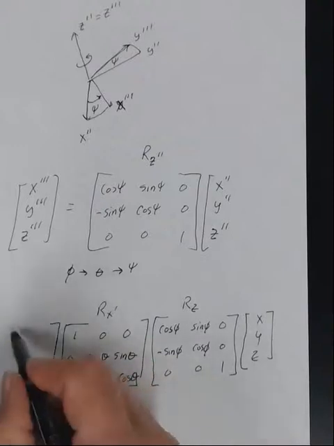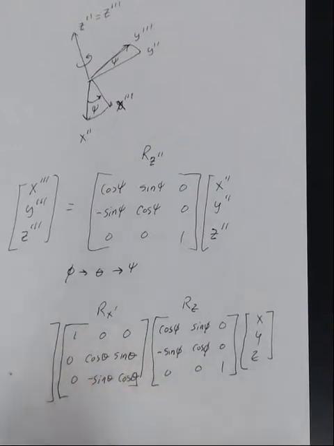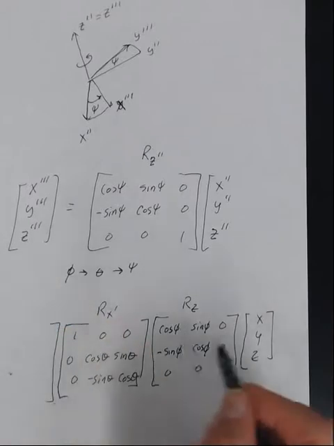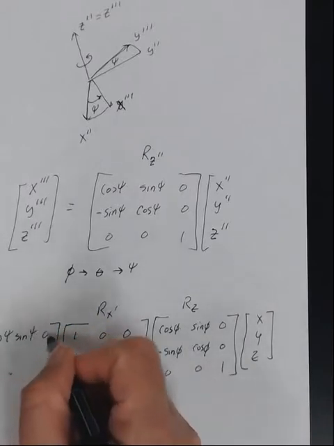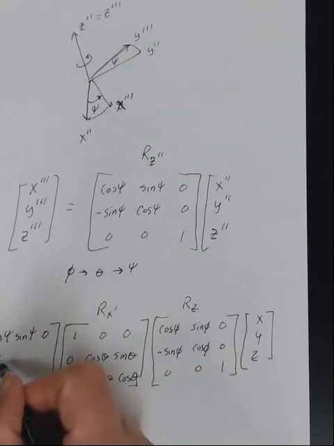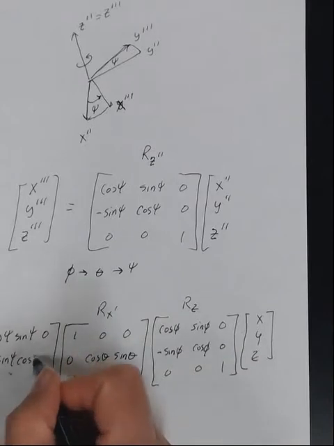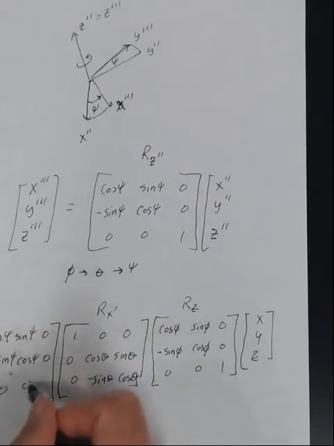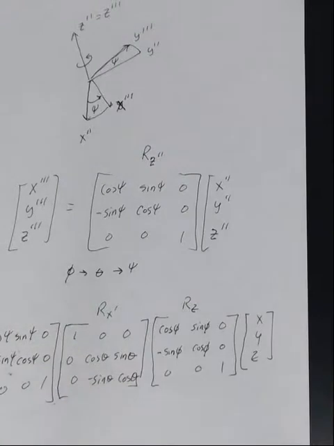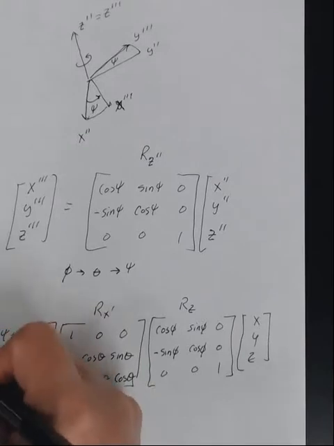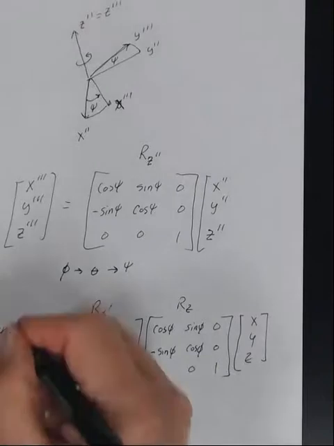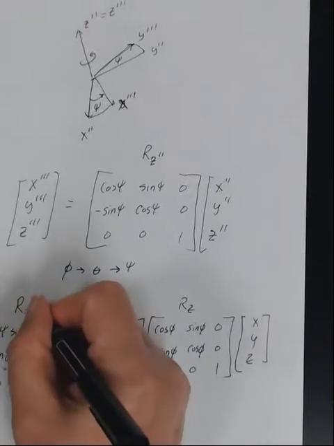And then the last step is this, and that's just cosine psi, sine psi, 0, negative sine psi, cosine psi, 0, and 0, 0, 1. So that's how you perform a rotation of a coordinate system using these Euler angles. We call that one R z.